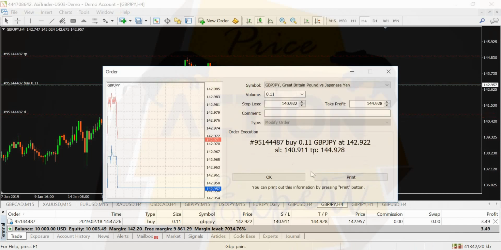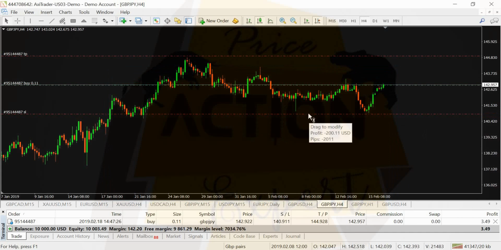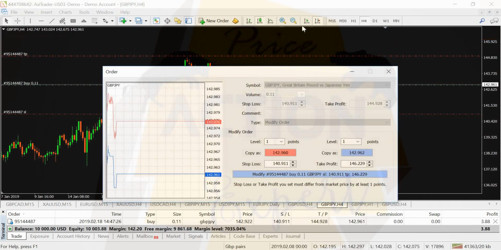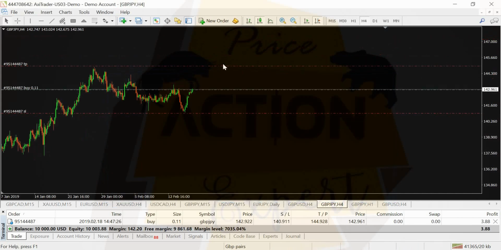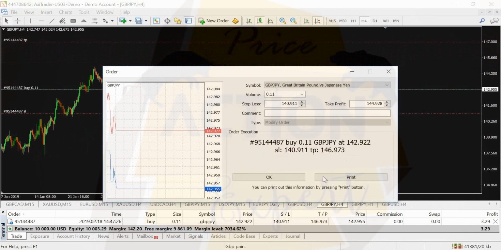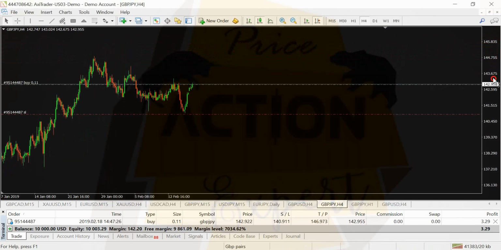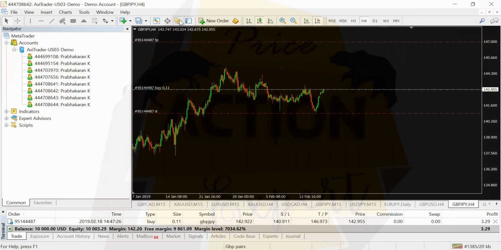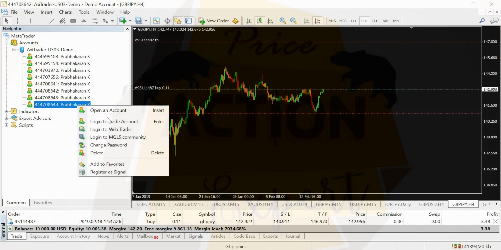Yes, that's it. Just now I have modified it to $200. Profit would be, let's say we're doing it for a 1:2 ratio. Okay, that's it.